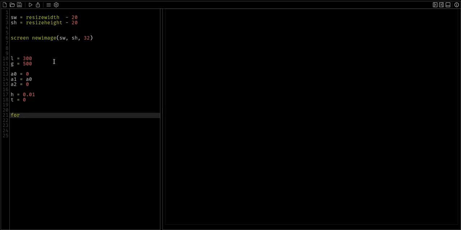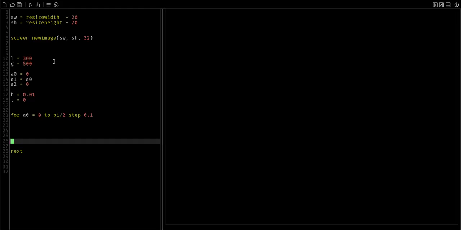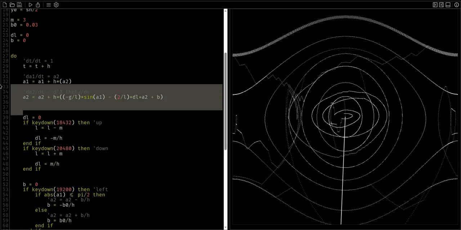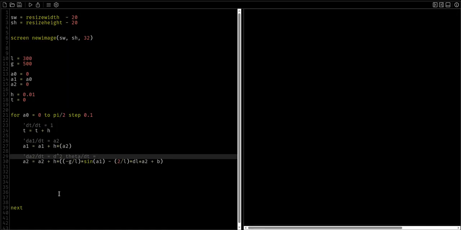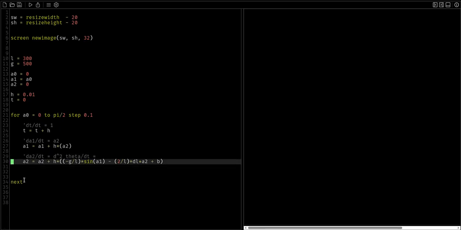For initial conditions, let's start with 0. So in this sketch, let's remove this.